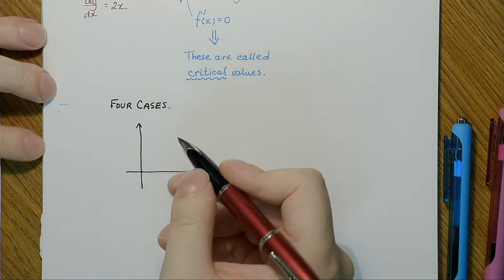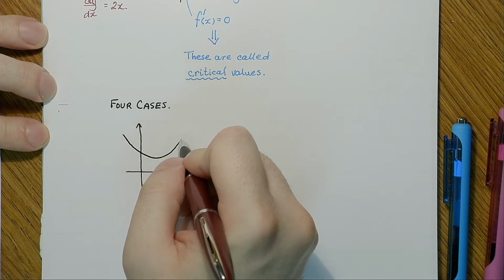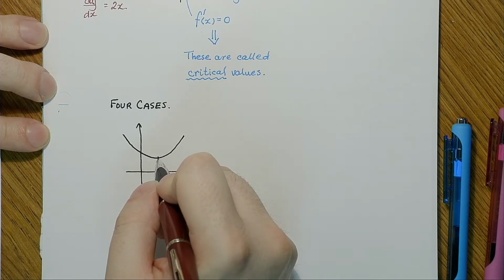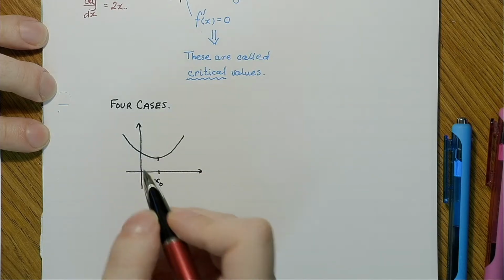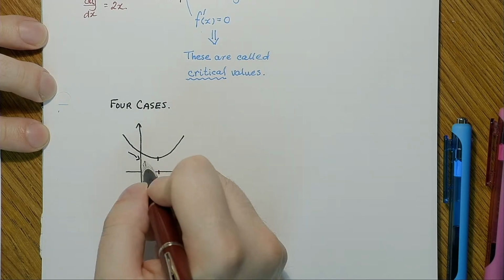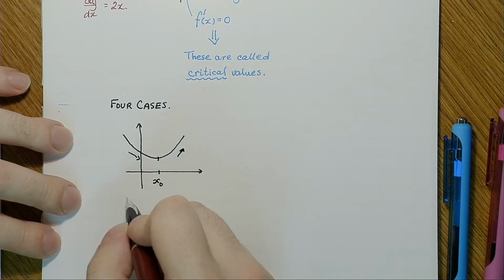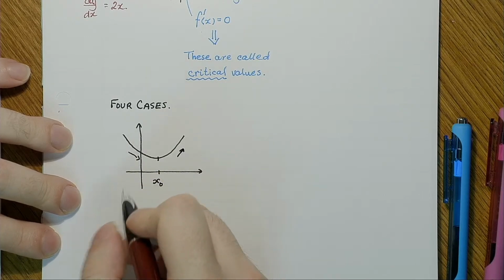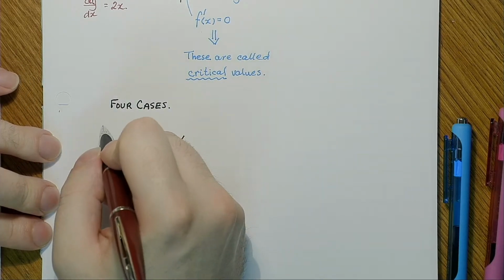From this, we can have it where it's decreasing and then increasing, which is what we kind of have right here. There is my critical value, say x naught here. So it's decreasing and increasing. So this is kind of case 1.